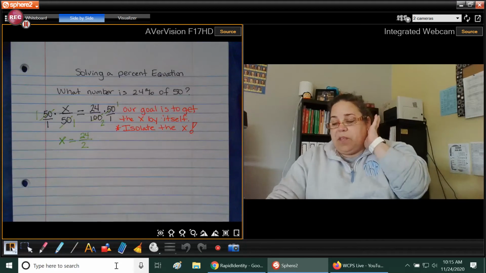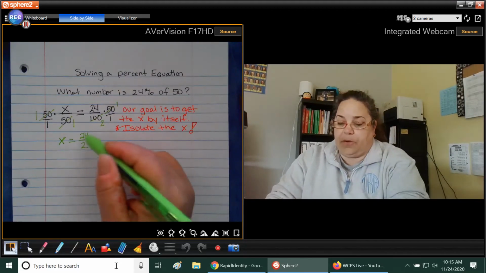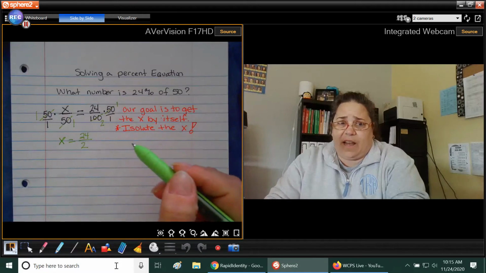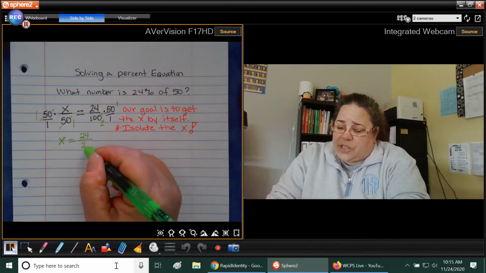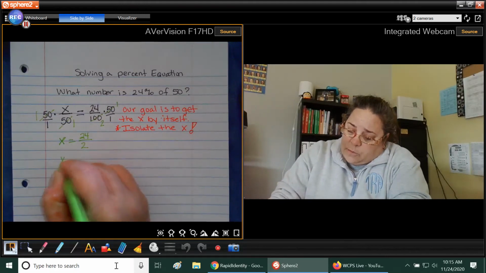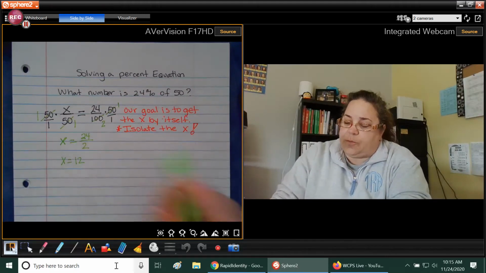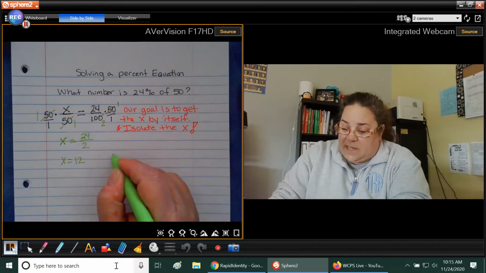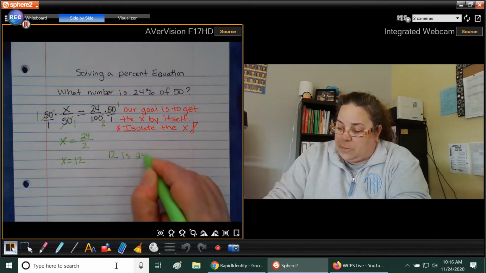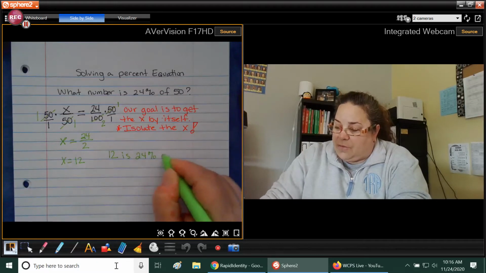But remember, this is a top-heavy fraction. And if it's top-heavy, that means I can divide. So 2 goes into 24 12 times. So x equals 12, which means the answer to my problem is 12 is 24% of 50.